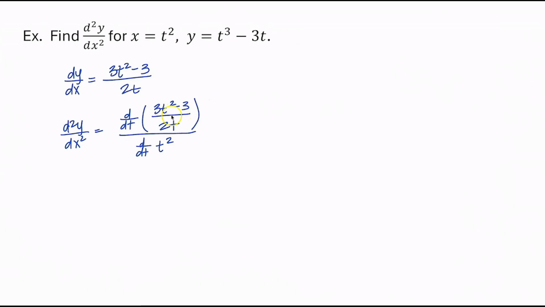All right, so to find the derivative of this, this is a quotient, but I don't want to use the quotient rule. If I can avoid it, I'm going to avoid it. So here I can split this up, or karate chop it, and take the derivative with respect to t of 3/2 t, since 3t squared over 2t is 3/2 t, and then minus 3/2 t to the negative 1.